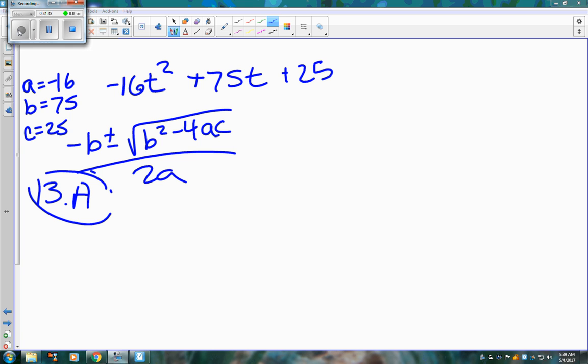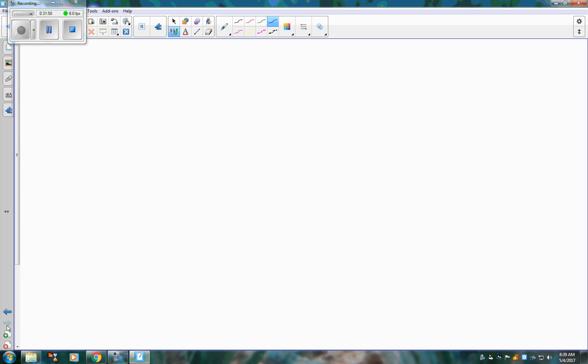14. Use the table to answer the question. What is the average rate of change over the interval -2 to 0? What's the formula for rate of change? What's y2? 5.